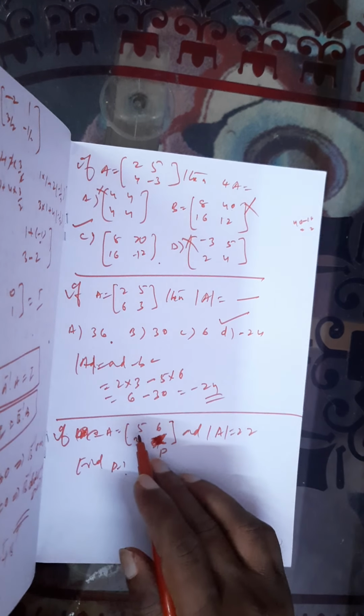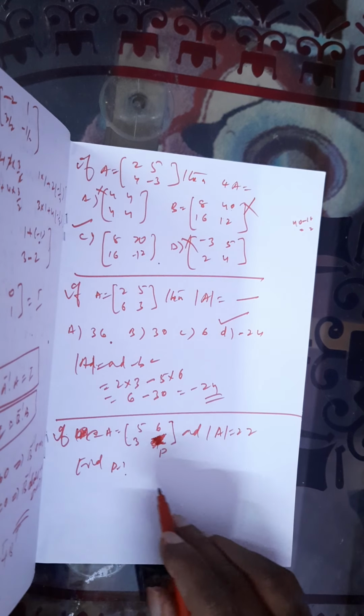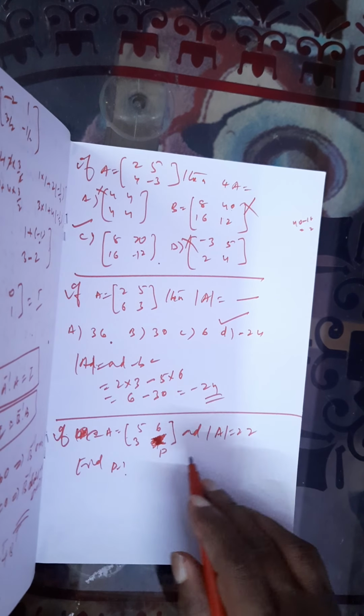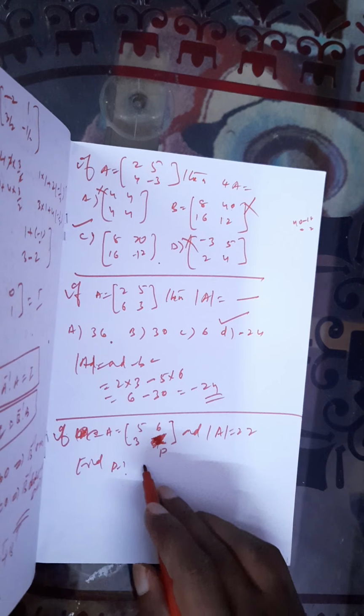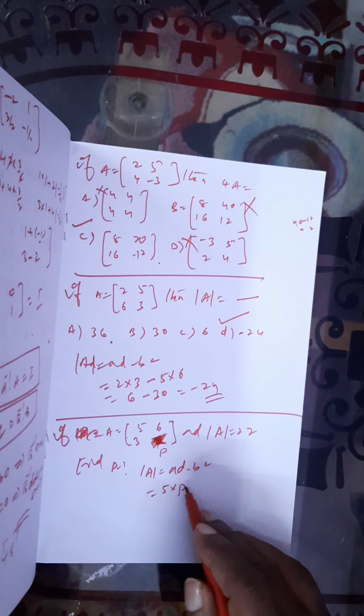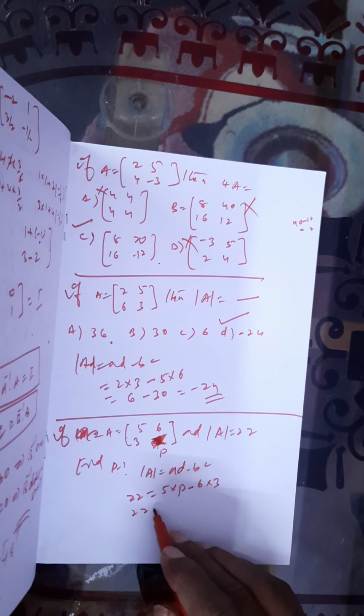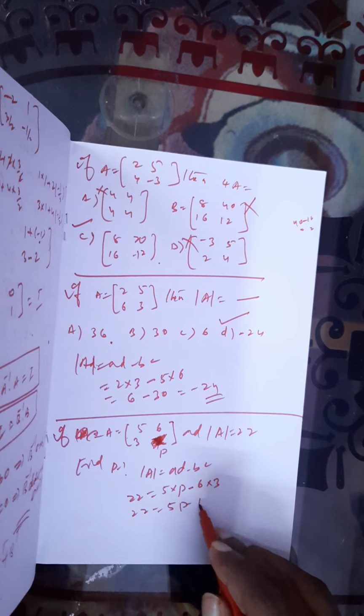Now if A is 5, 6, 3, P and the determinant is given as 22, find the value of P. Again we have to find the value of P. We know that the determinant is AD minus BC. A is 5, D is P, minus B is 6, C is 3. Now this value is given, that is 22. So 22 equal to 5P minus 18.